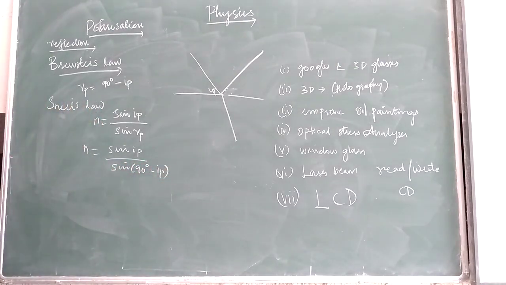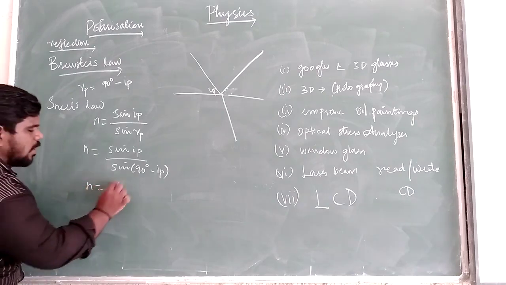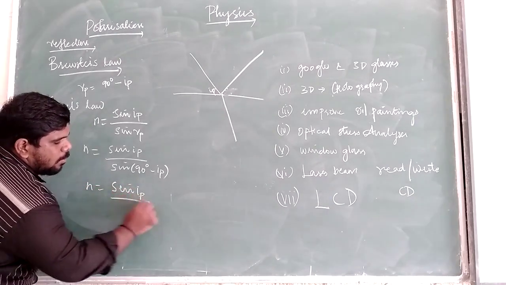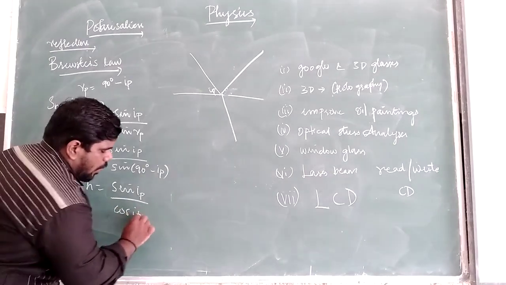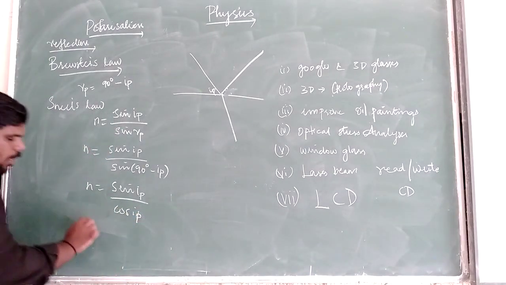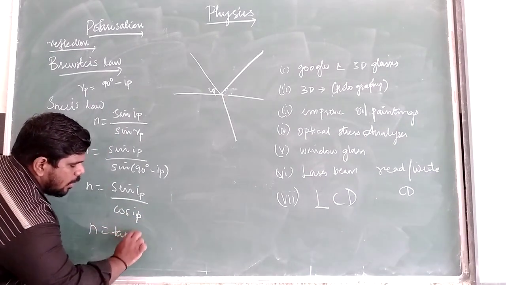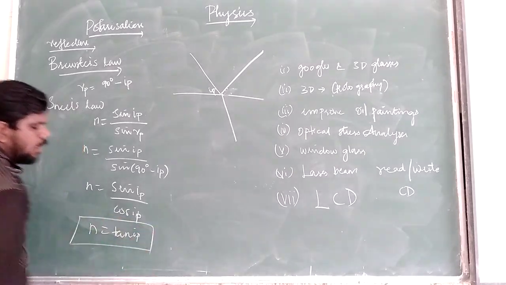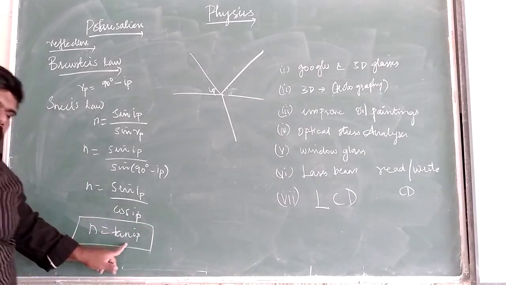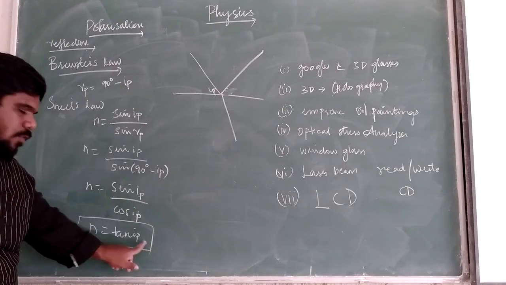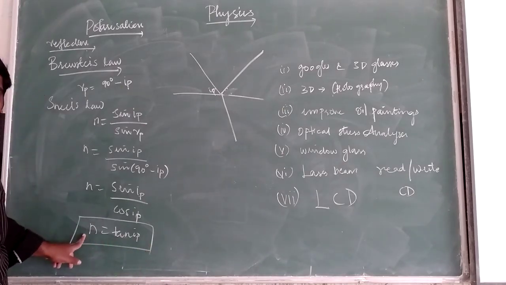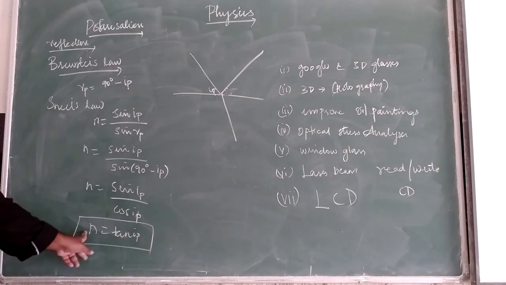Sine(90 minus IP) is cos IP. So n is equal to sine IP by cos IP, which is n equal to tan IP. So the tangent of the polarizing angle is numerically equal to the refractive index of the medium. That is called Brewster's law.